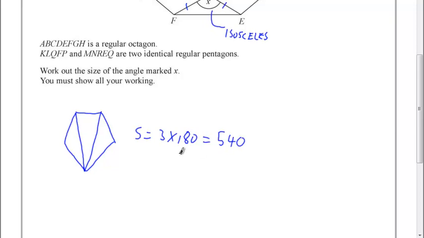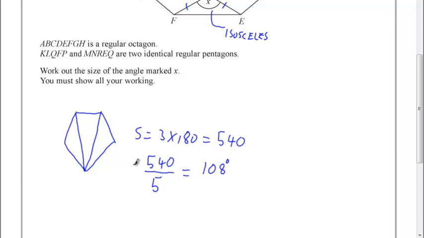And then what we've got to do is to find one of those angles out of the 5, the interior angle of the pentagon, we divide it by 5. Well, 5's into 500 is going to be 100, and 5's into 40 is going to be 8, 108 degrees.